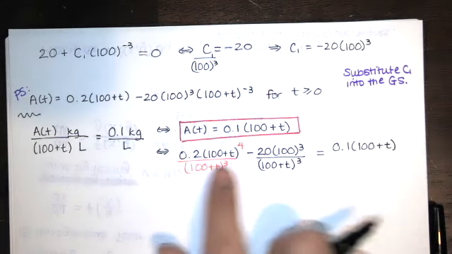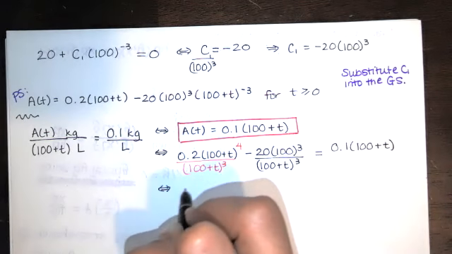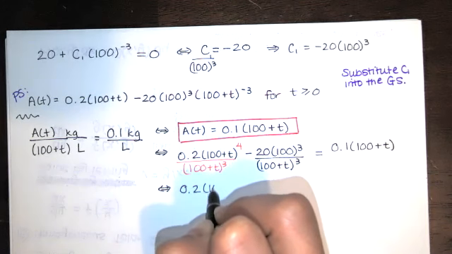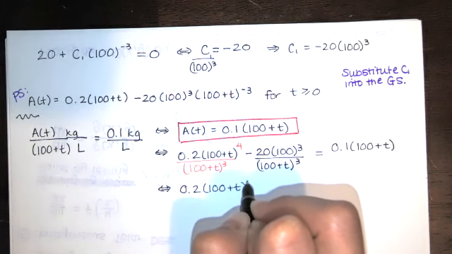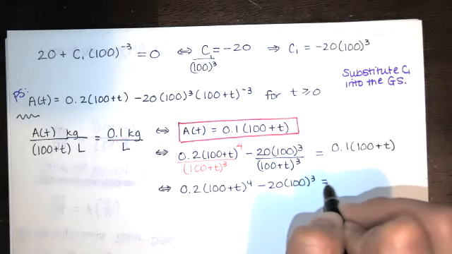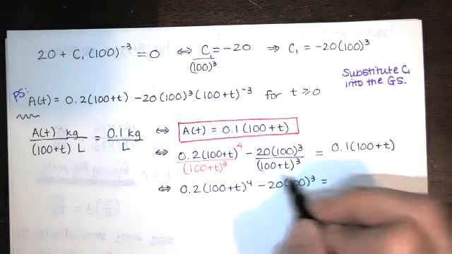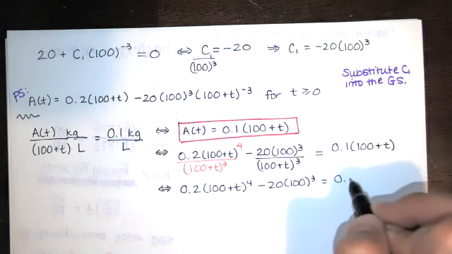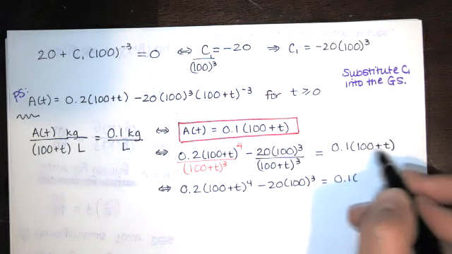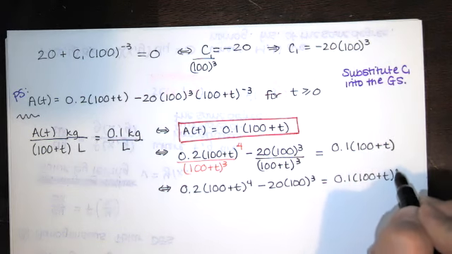And then I'll multiply both sides by this denominator, so it'll make it really easy for me to solve this equation. So I've got 0.2 times 100 plus T to the fourth minus 20 times 100 cubed equals this expression times 100 plus T cubed. I've got one of these factors over here, and I've got 3 of them down there, so I'll have 4 of them total.